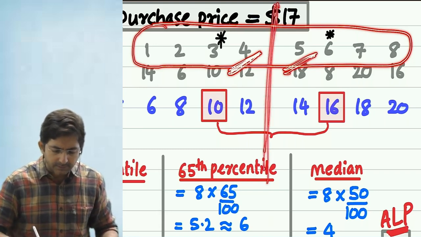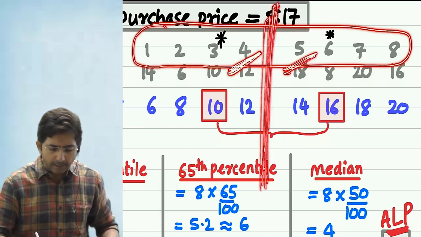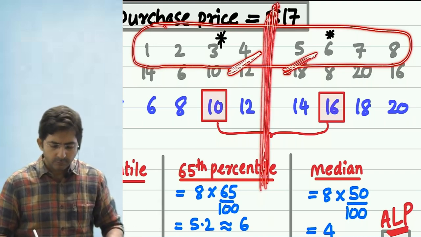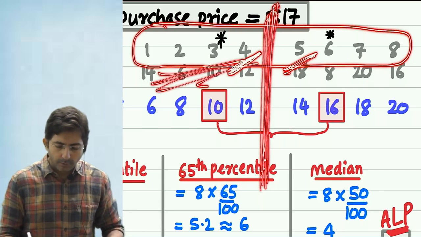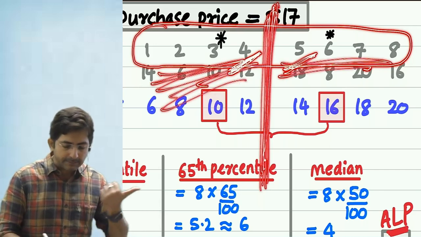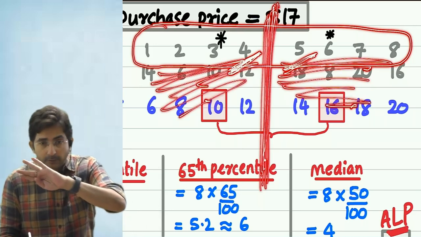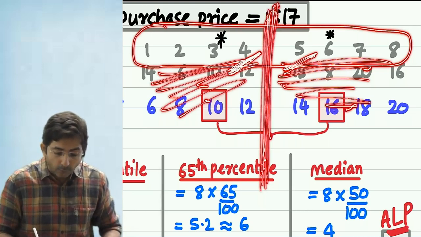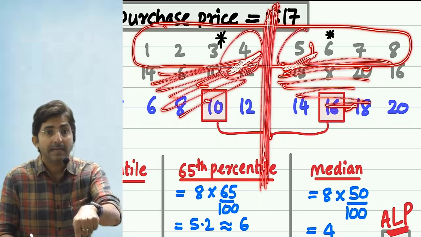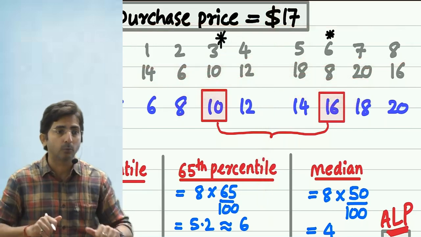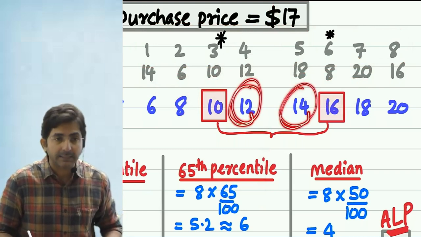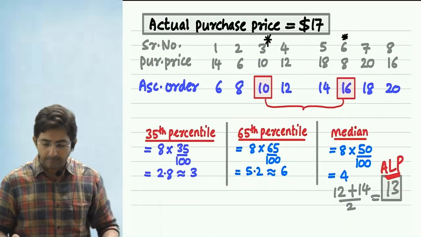Center means a point which will divide equally. So see, here there are 4, here there are 4, left hand side 4, right hand side 4, data becomes equal. But that central line is what? Neither 4 nor 5, middle of that. That's why 4 plus 5 divided by 2. Not 4 plus 5, sorry. Fourth price and fifth price divided by 2. That came to 13.